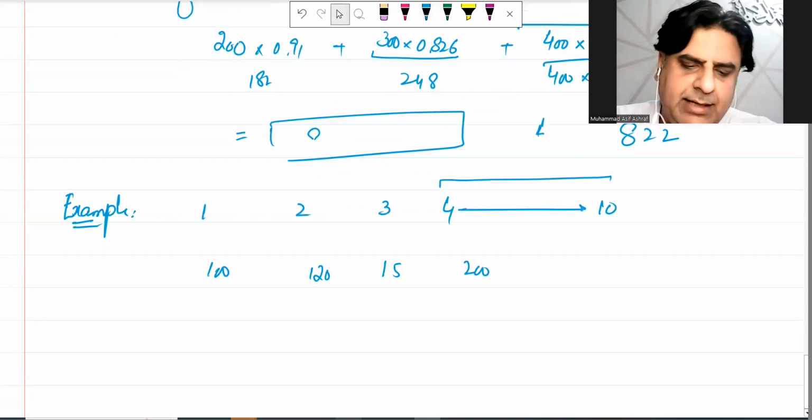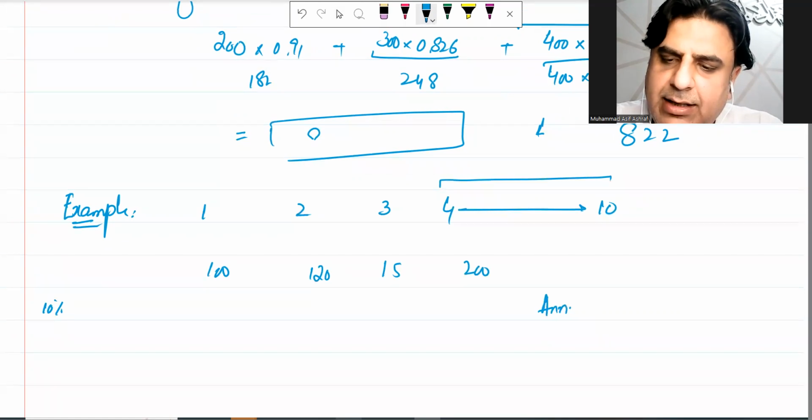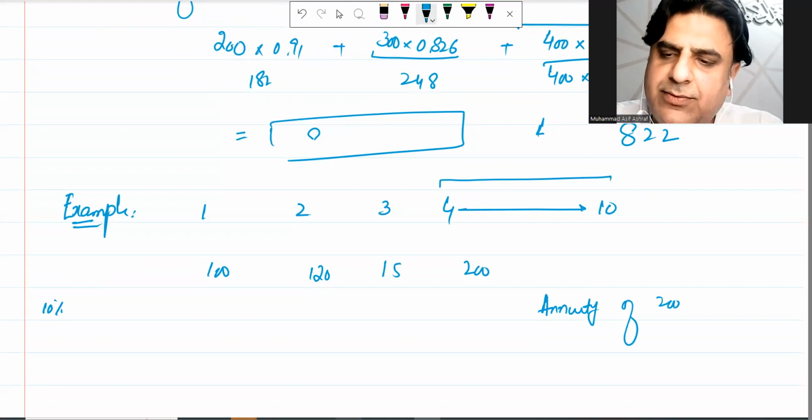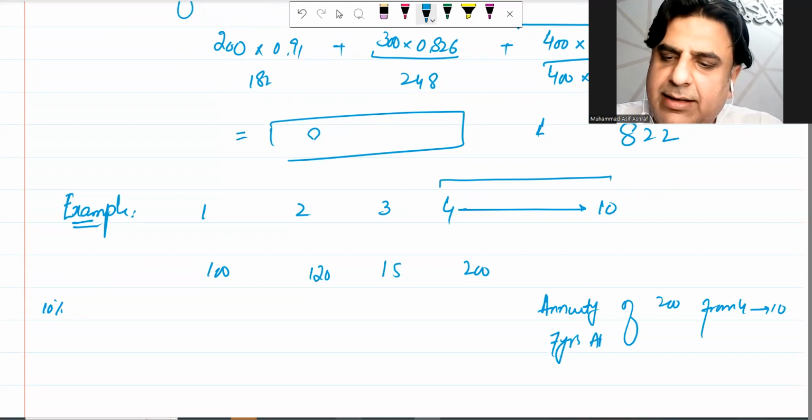Assume a 10% discount rate. So here we can say that the annuity of 200 starts from year 4 till year 10. How many years are there? 7 years. So the 7 year annuity factor will be applied.